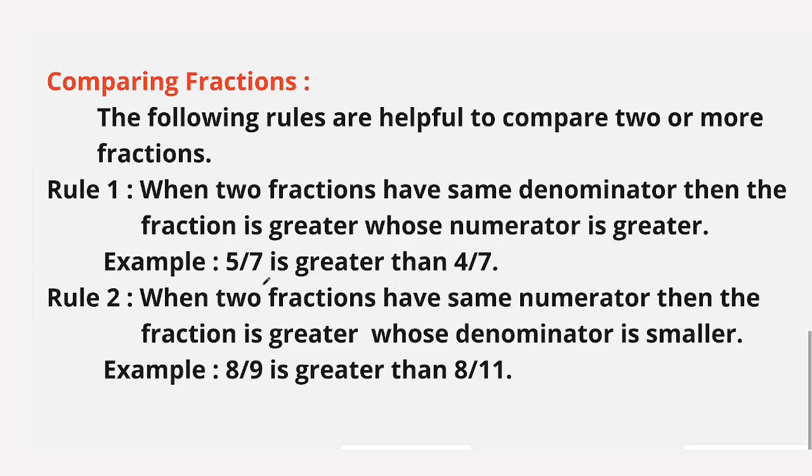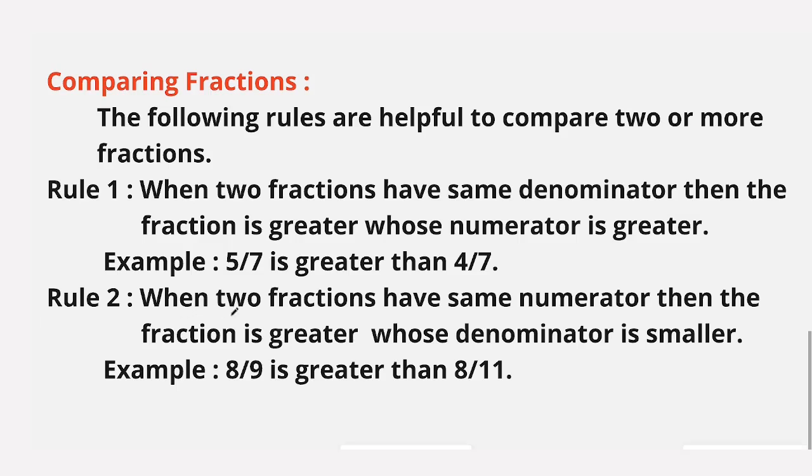Here the denominator is the same. Both have denominator 7 and the numerators are 5 and 4. Here 5 is more than 4. Therefore, 5 upon 7 is greater than 4 upon 7 because both have the same denominator. So, the fraction is greater when the numerator is greater if the denominator is the same.